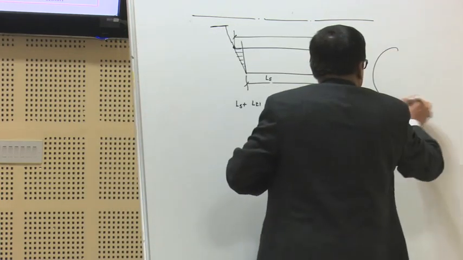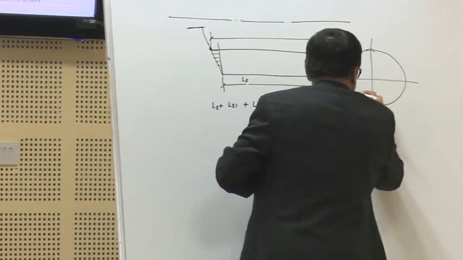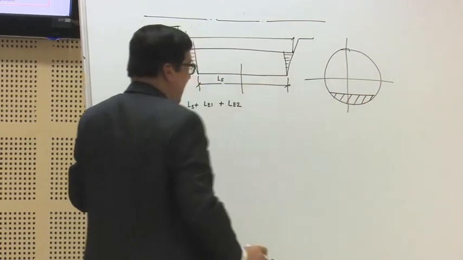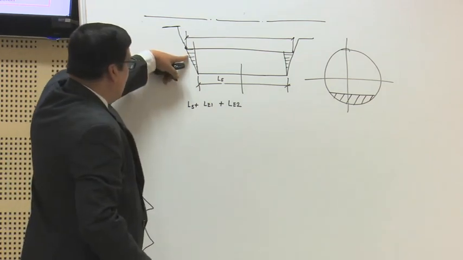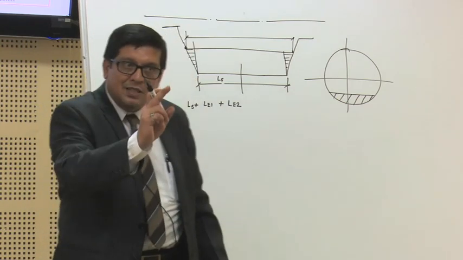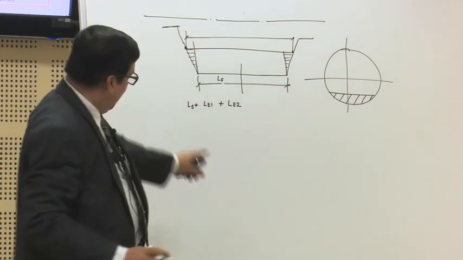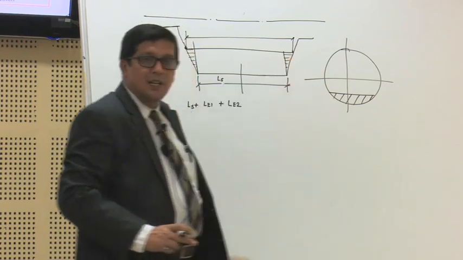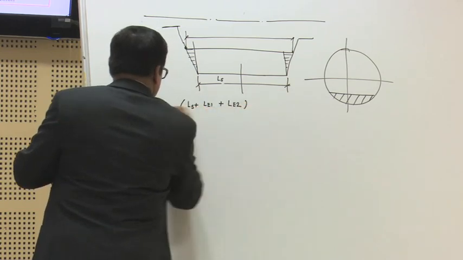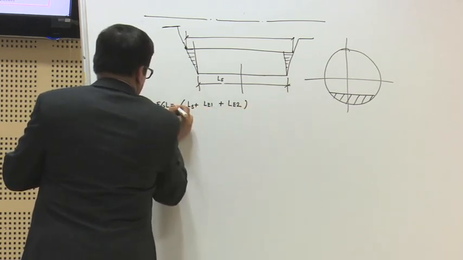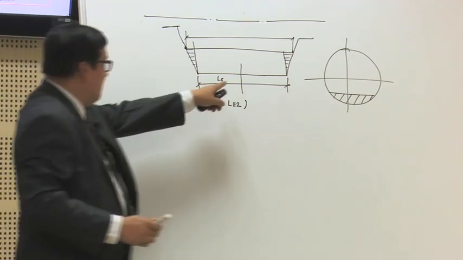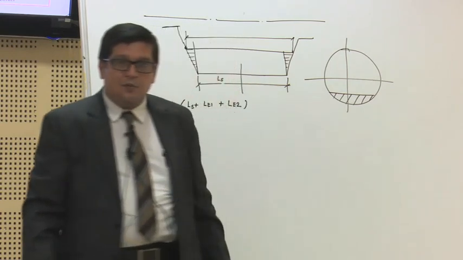Volume divided by the charge cross sectional area will give you some virtual length, we call LE1. Similarly on this side it will be LE2. So the summation of this is EGL, effective grinding length.